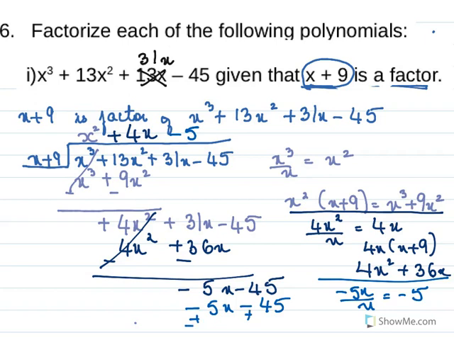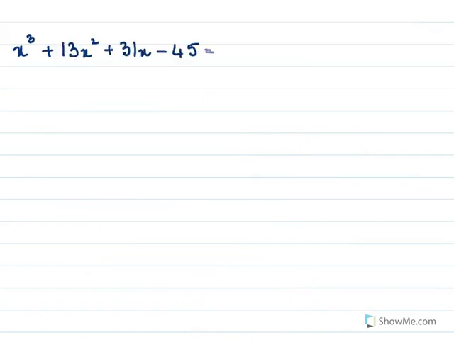You change the signs, it cancels out, remainder 0. So now we have got your other factor. These are the two factors of the polynomial. We found two factors. One factor was x plus 9. And the other factor we found as the quotient, which was x square plus 4x minus 5.